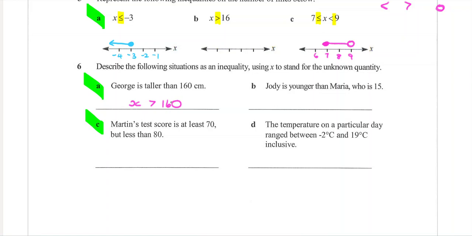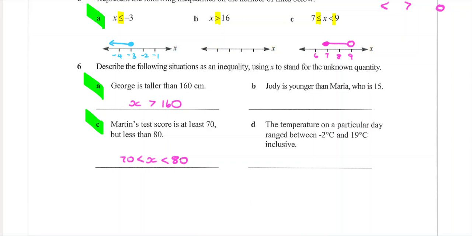Part C says Martin's test score is at least 70. So the smallest score he could get is 70, but less than 80. That's kind of one of the between ones, like the one up there that I did with the dots. If his score is x, his score is between 70 and 80, but I do have to be careful.